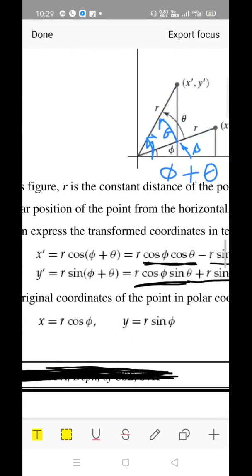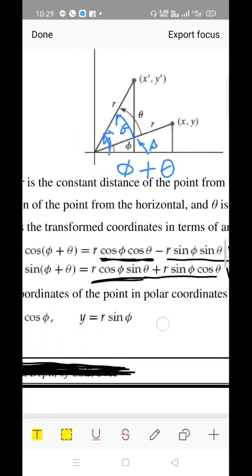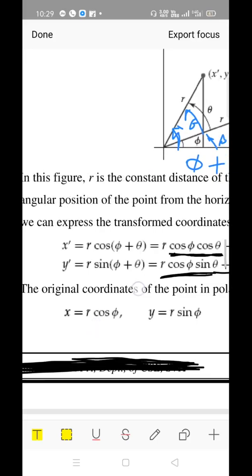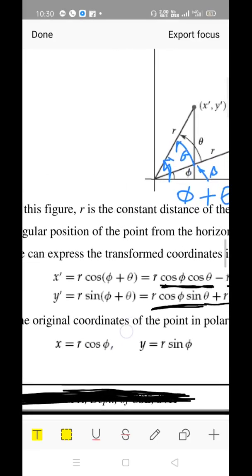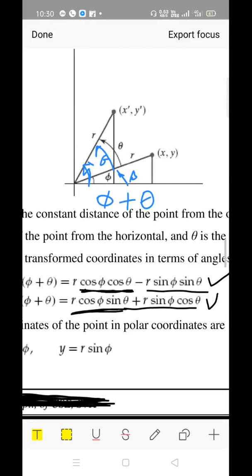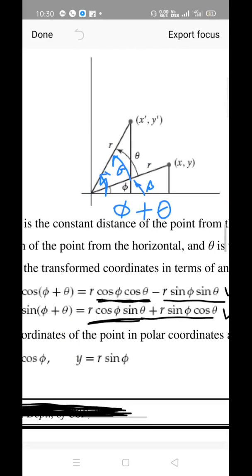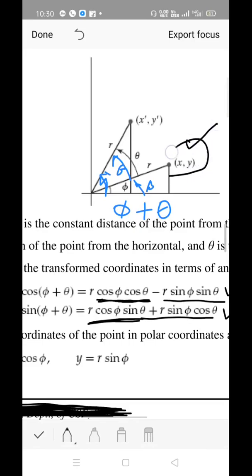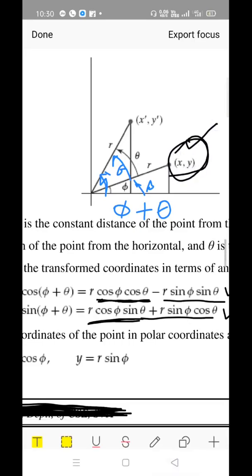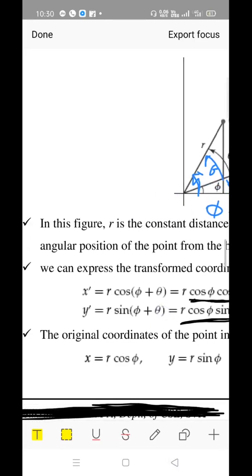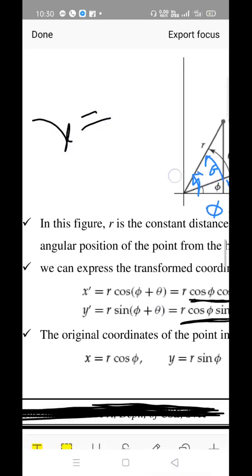Okay, the original coordinate of the point in polar coordinates, the original coordinate of the point x and y, how to represent x and y? What is x? See here, what is x? So this is the original point, right? X comma y. How to represent x in the polar form? It can be represented as x equal to, what is the hypotenuse?